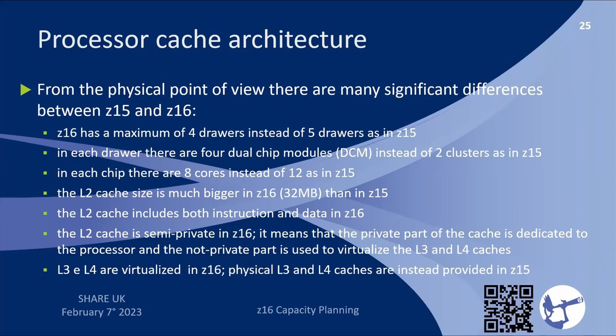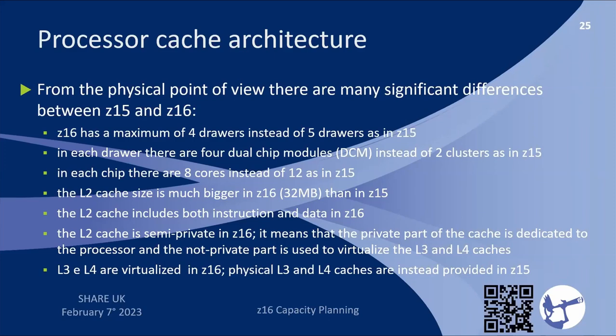And this level 2 cache now includes both instruction and data. And there are 2 parts. One part is called semi-private. So the private part is dedicated to the processor, and the non-private part is used to virtualize level 3 and level 4 caches.